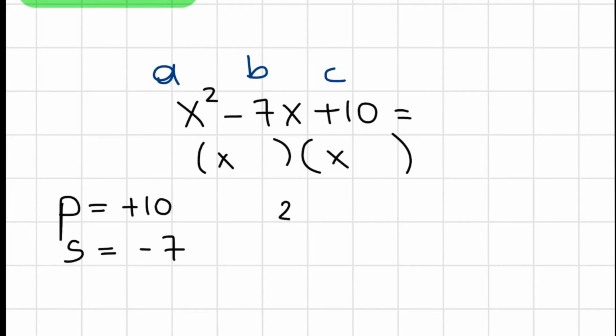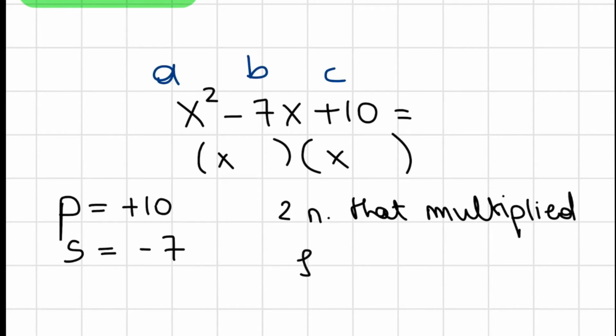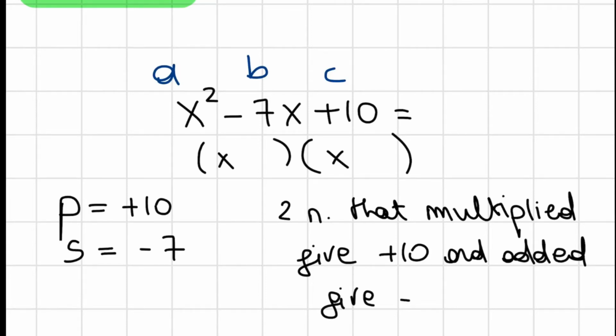This means that we are looking for two numbers that multiplied together give plus 10 and added give minus 7.